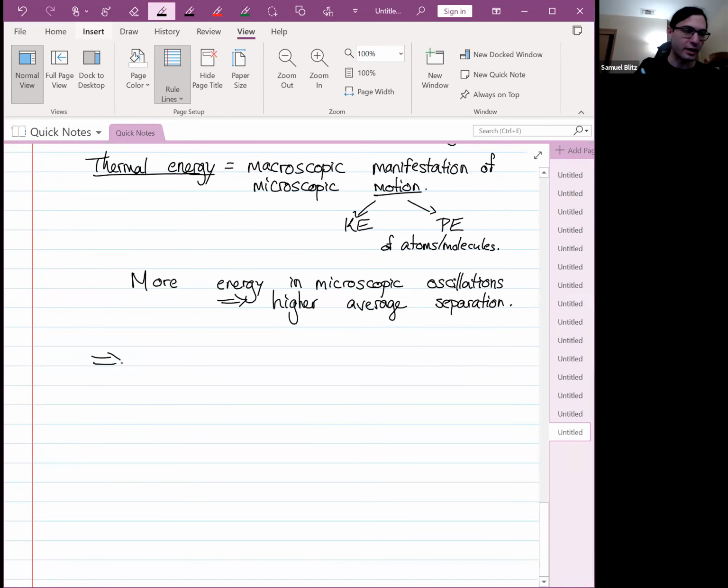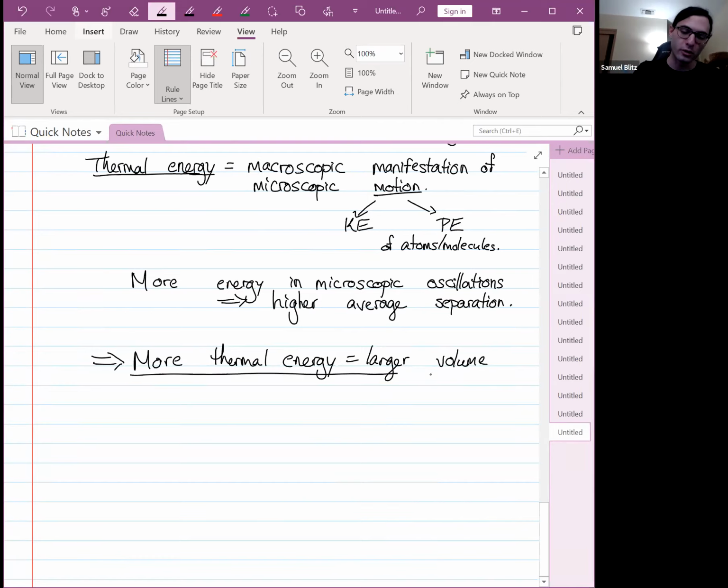So this means that the more thermal energy a system has, the larger the volume is, because the distance between the particles that make up the object is larger. If all of the distances get larger, then the whole object has to get bigger.